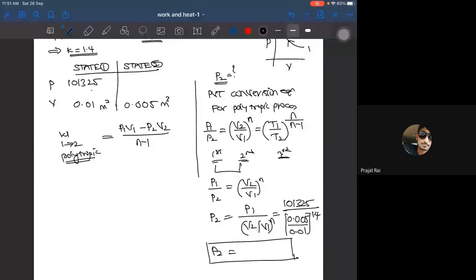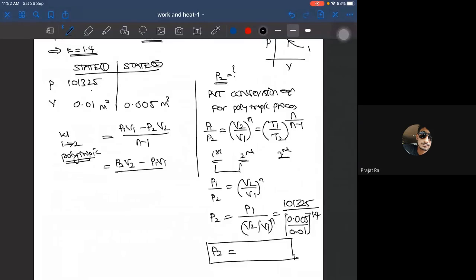Hello, sir. Yes, Rajat. Sir, isn't the formula 1 minus n? I mean, P2 V2 minus P1 V1 upon 1 minus n? So both the things you can calculate. Both will give you the same value. It is just a change of the signs. That's it.